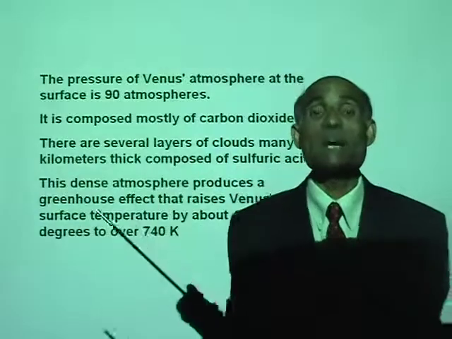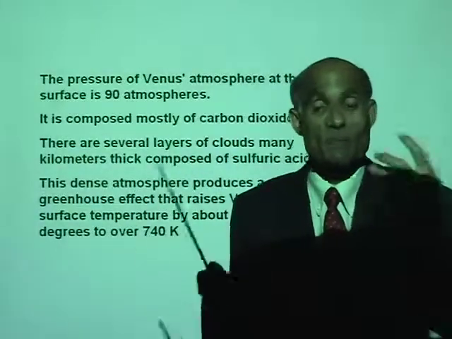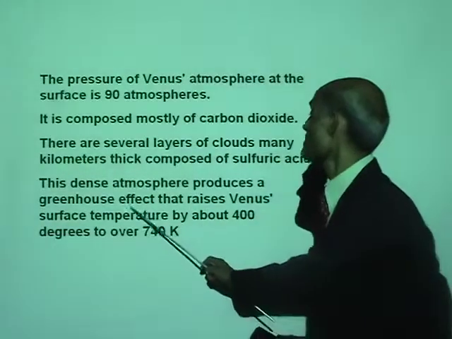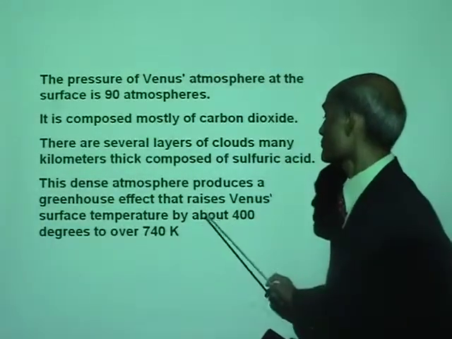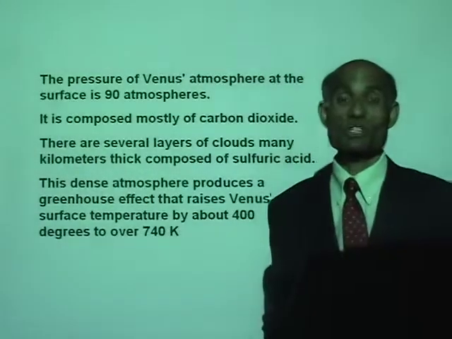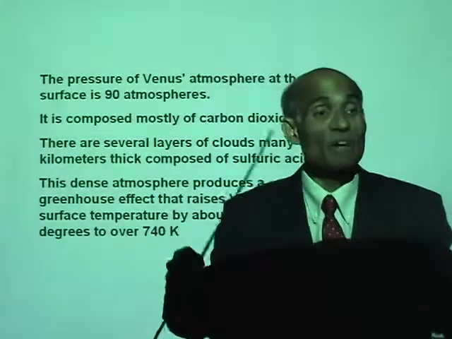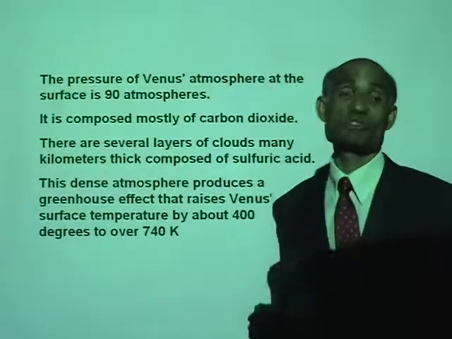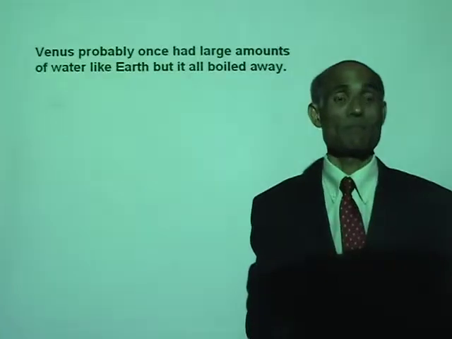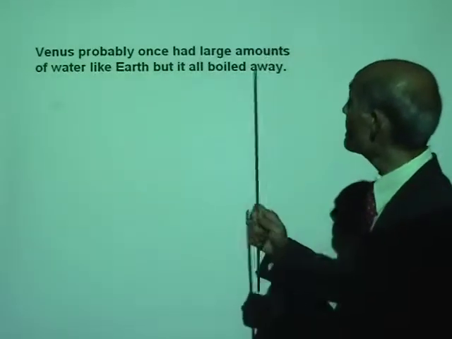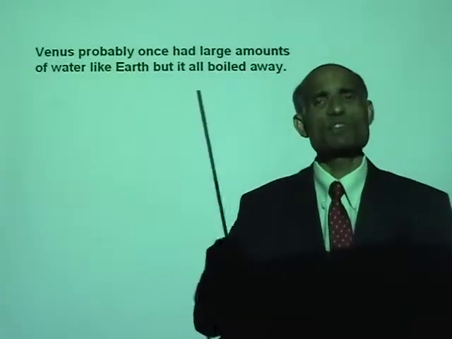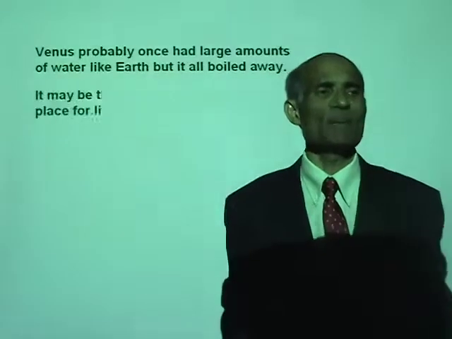That will heat up the atmosphere very much. So that greenhouse effect makes the surface temperature about 740 Kelvin. So the surface temperature of Venus is very high, mainly due to the greenhouse effect produced by carbon dioxide. Venus probably once had large amounts of water, but that's all probably boiled away.